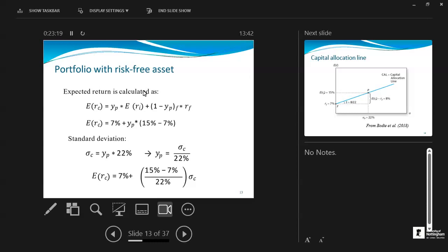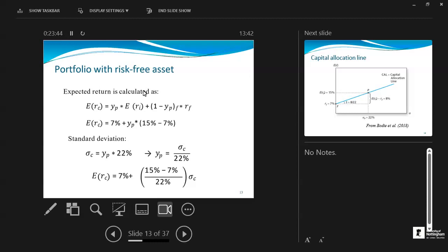And once we know how much we're going to put in the risky portfolio, we can calculate what is left for us to invest in the risk-free asset. So this term in the bracket, as I mentioned earlier, is what we call the Sharpe ratio. What do we have here? Excess market return: the 15% return of the risky portfolio minus the risk-free rate.